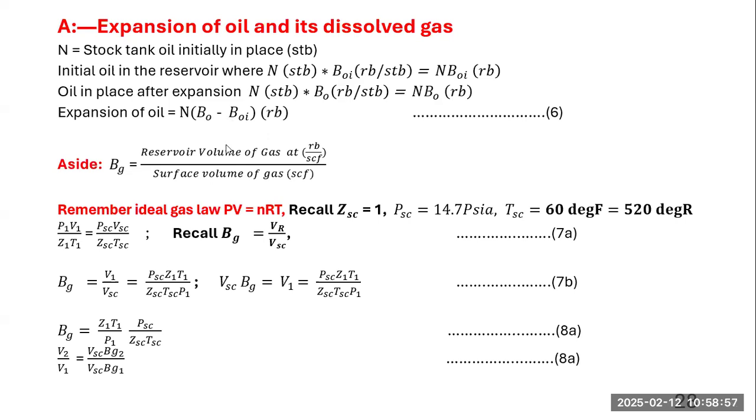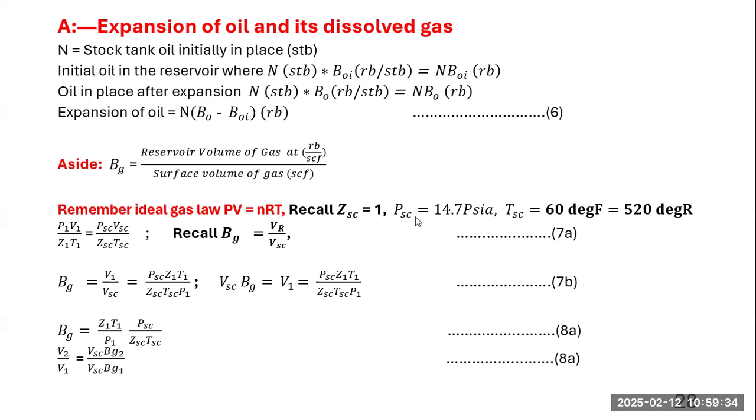Aside from that, we try to break down your Bg. The reservoir volume of gas is in reservoir barrel per SCF, and the surface volume of gas is in SCF. So from your ideal gas law, you recollect PV equals nRT. Your Zsc, the gas compressibility factor at standard condition, is 1.